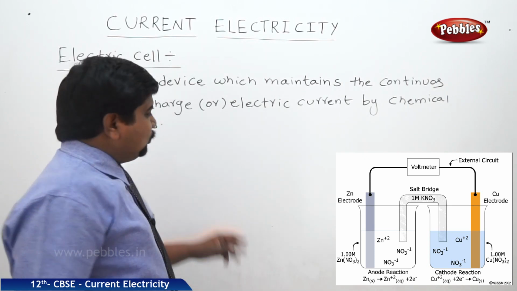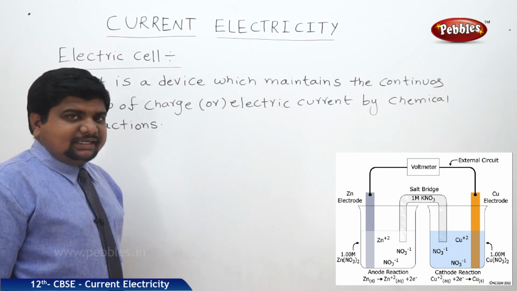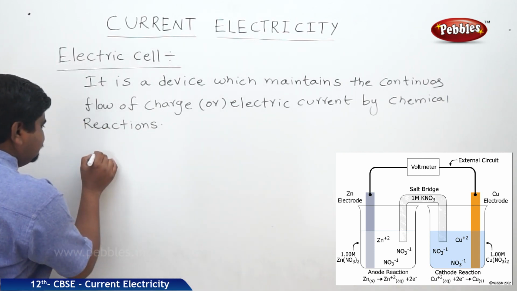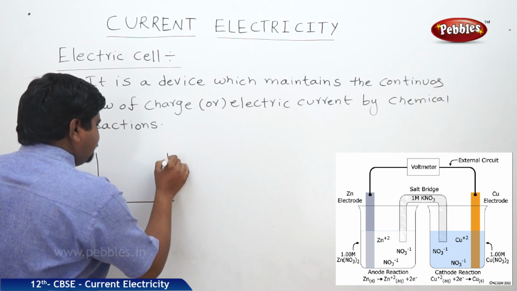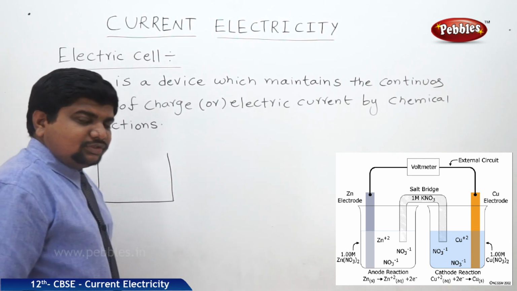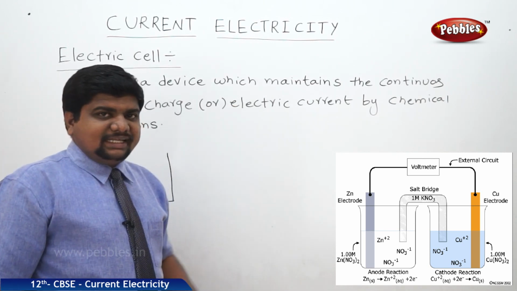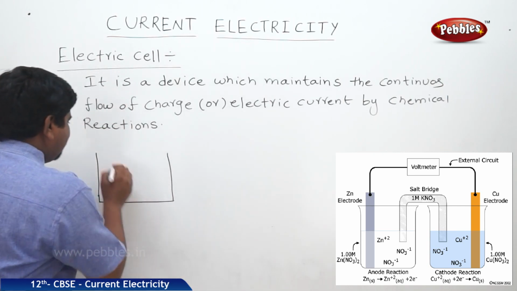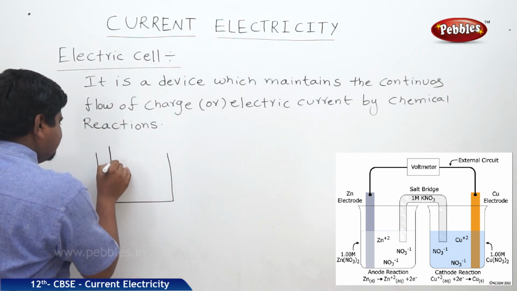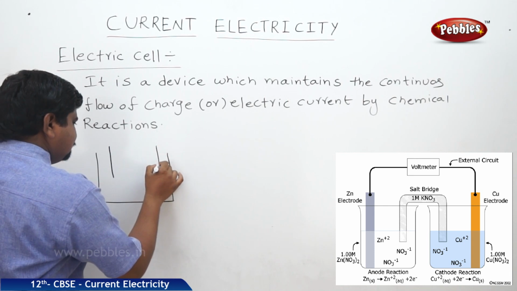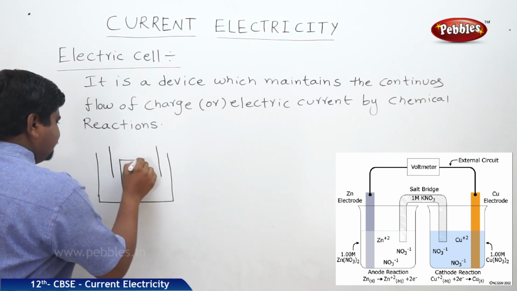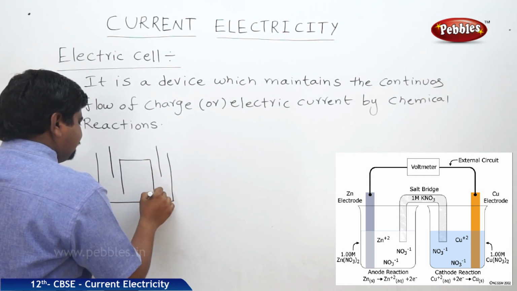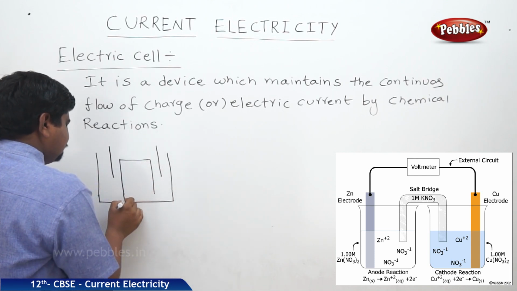Now we will see what is the construction of the electric cell and how it will work. We will take two metal plates which are oppositely polarized, and those two metal plates are fixed like this, and we can make a separate wall between them, a wall which can separate the two electrodes.